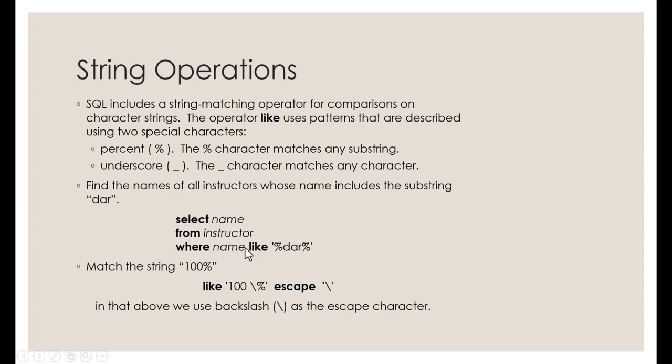So this attribute name is going to look like '%dar%'. You could have something before dar, something after dar, or both, or none, because this percent sign indicates any size substring, and any size means it could be 0 to many. So it's going to contain the substring dar.